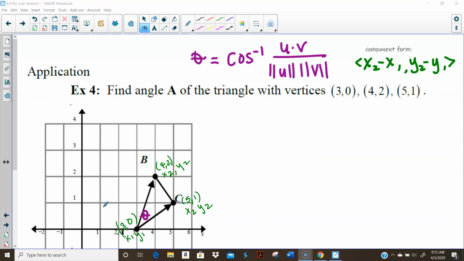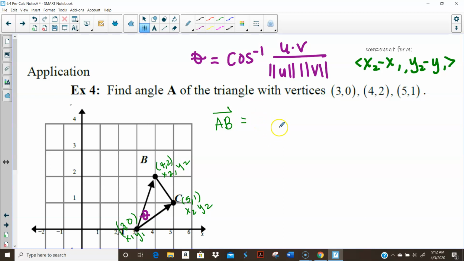In example 4, we're going to find angle A. In order to find angle A, the first thing we're going to have to do is find the magnitude of the vector AB and the vector AC. So in order to do that, we're going to have to first put them in component form. So we're going to do vector AB, and we learned this in section 6.3, and we're going to put this vector in component form.